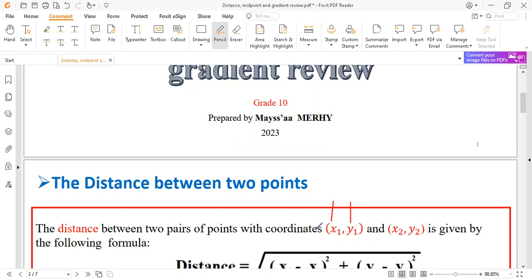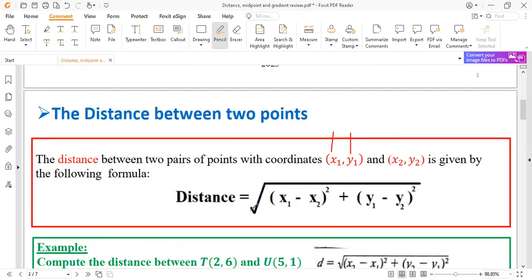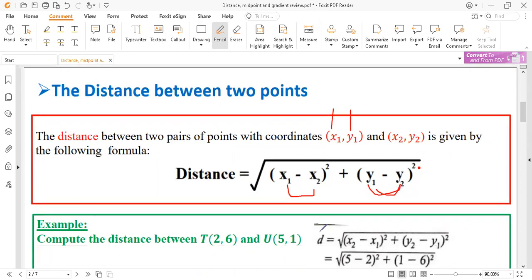Normally if we have 2 points, we can measure the distance between them using this formula: distance equals the square root of the square of the difference of the abscissas plus the square of the difference between their ordinates. So easy.